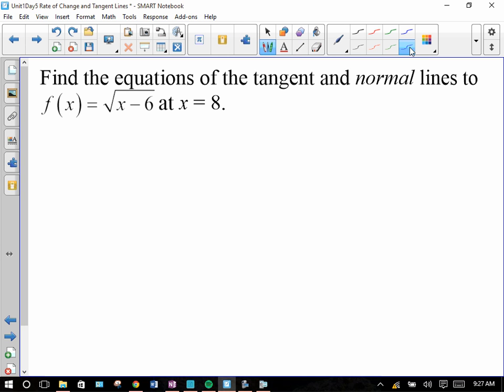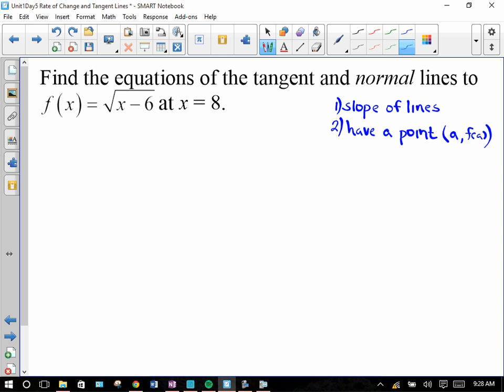First thing you need to know is the slope of the line. Alright? Second thing you need to know is a point. So you need to have a point. Alright? And that's going to be a and f of a. Okay?